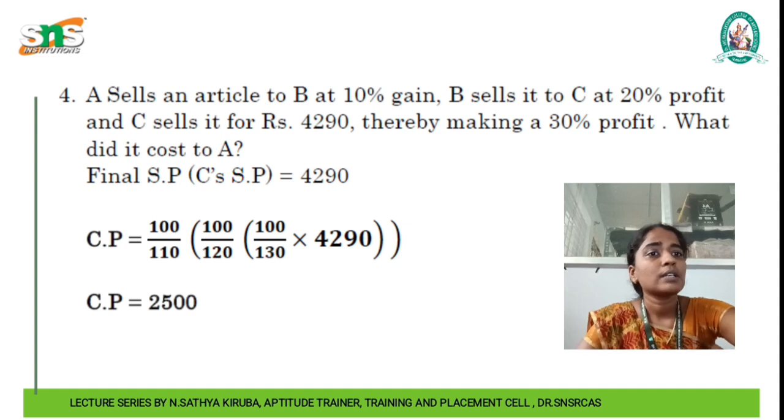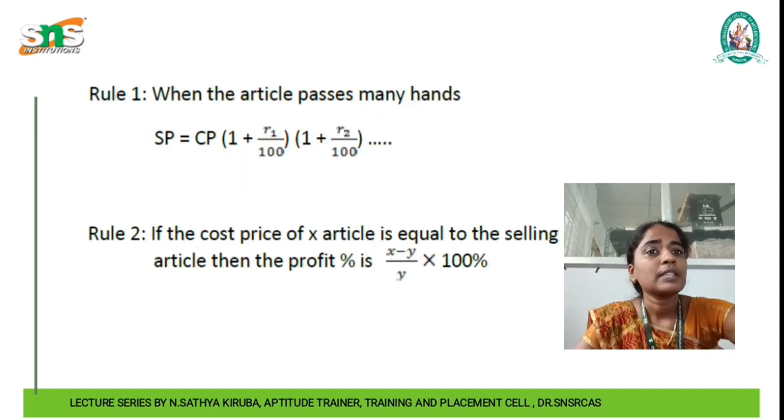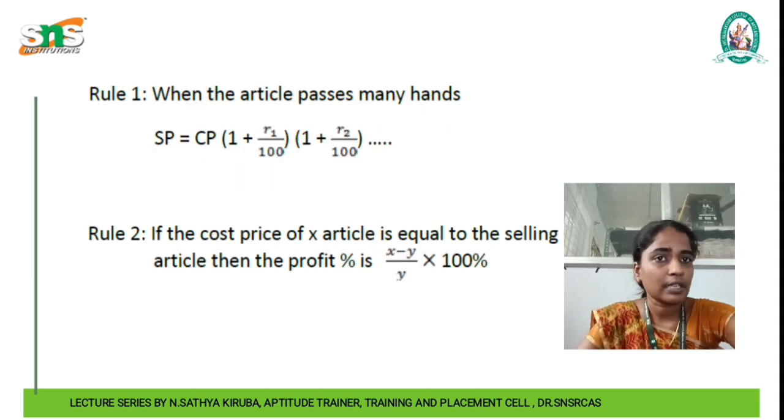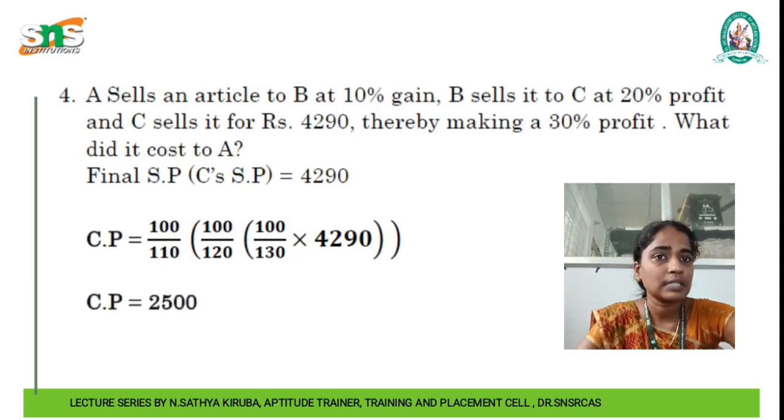In the previous formula this is getting inverted, so the selling price goes to the other side and the cost price comes to this side, which is why all the values are inverted. On finally simplifying, you get the answer as 2500. So stay tuned for the next video.